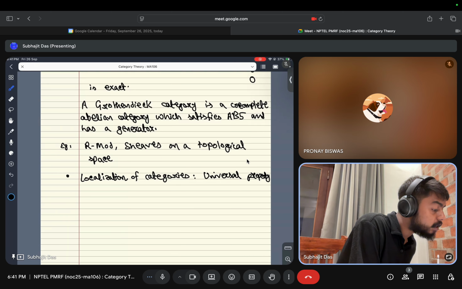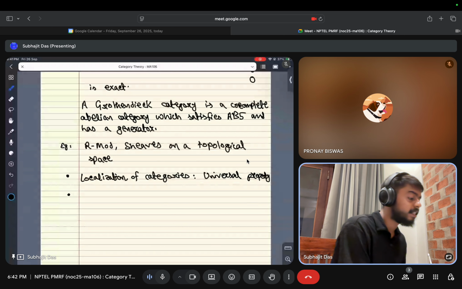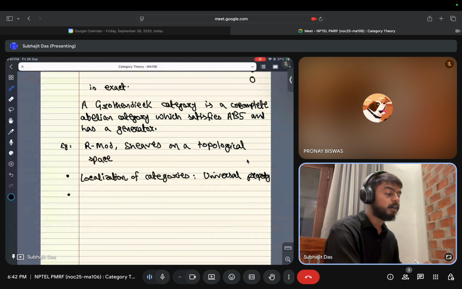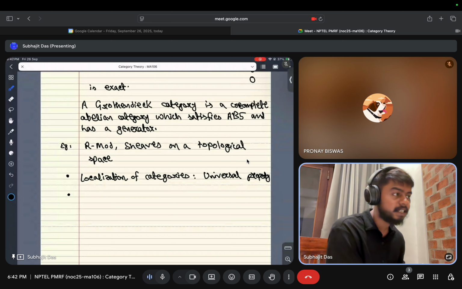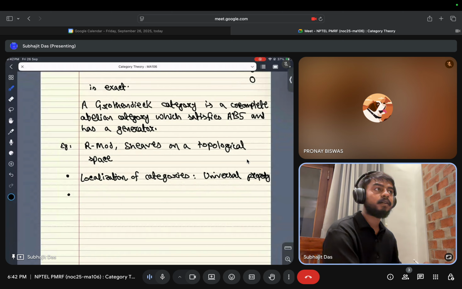What else was there? Multiplicative systems, Serre subcategory, localization at a Serre subcategory, etc. are all non-examinable. But I would definitely mention that Serre subcategories are really powerful subcategories. They are exactly those which are closed under sub-objects, quotient objects, and extensions.